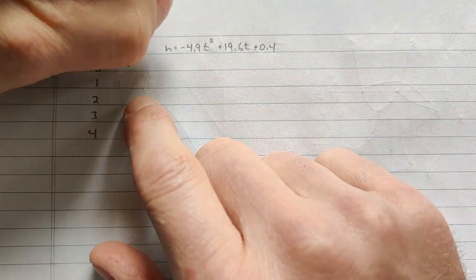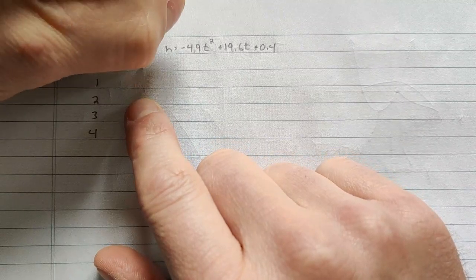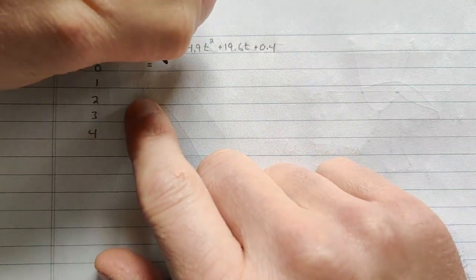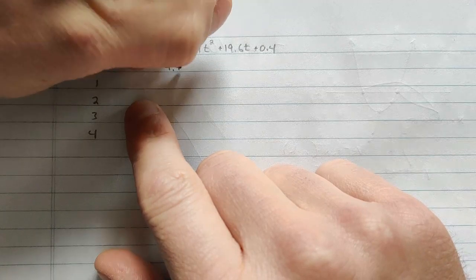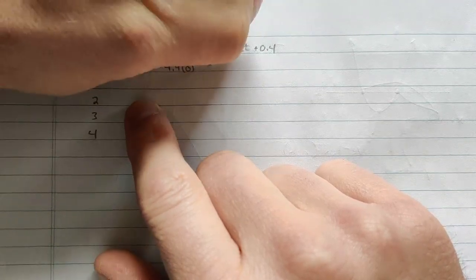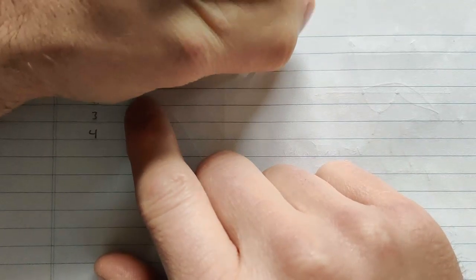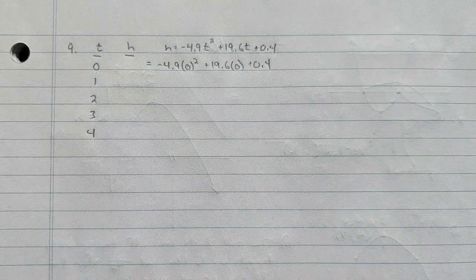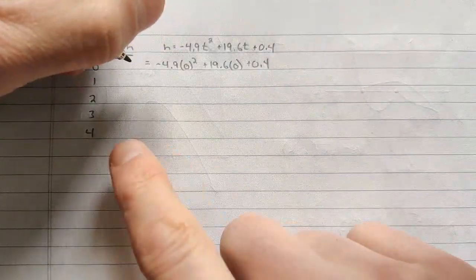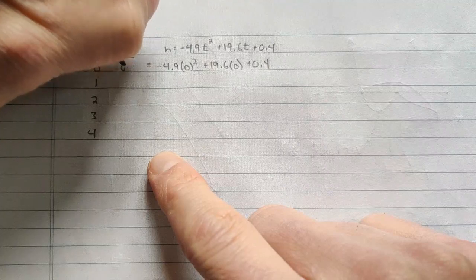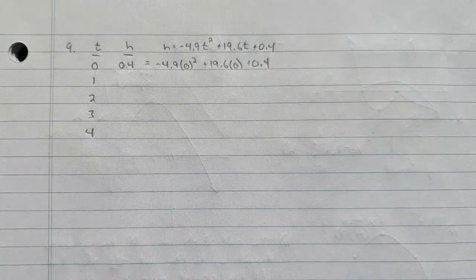So in the first case, it's going to be negative 4.9 times 0 squared plus 19.6 times 0 plus 0.4. Our 2 multiplied by 0 is going to make those both 0, and so we're just going to end up with 0.4 as our first h value.